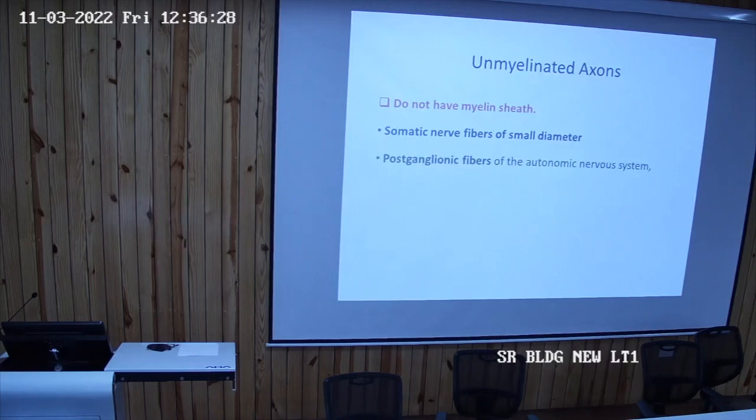The small diameter somatic nerve fibers, the somatic nerve that goes to voluntary control, are small in diameter and unmyelinated. We discussed this in the classification of nerve fibers: these are C type fibers, A, B, C, classified depending upon the diameter. Erlanger gave this classification, discuss that slide. So the small diameter fibers, especially the C fibers, are unmyelinated.